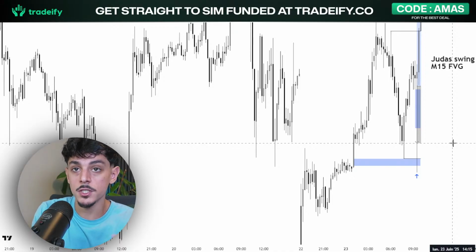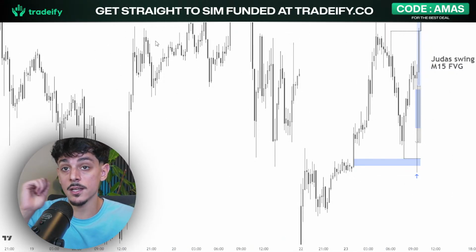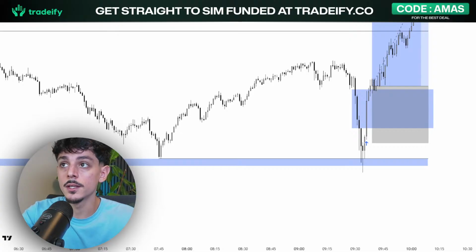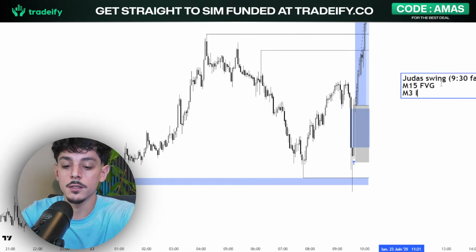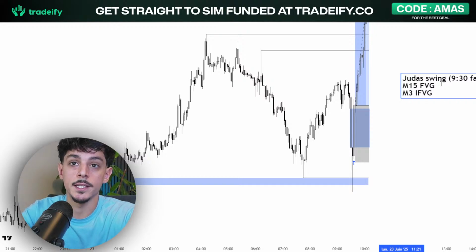If I know this information and I have lows stacked inside of that zone, I want to look at the reaction when we enter this gap. It's that simple. Then boom, you have the M3 IFVG, and that's pretty much it: M3 IFVG plus sell side liquidity sweep.